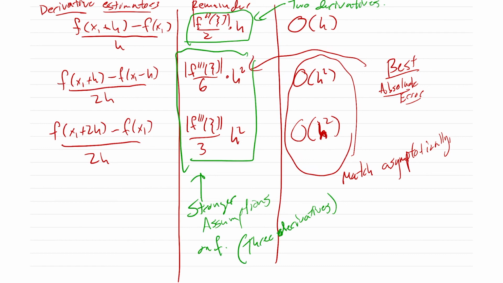So if you want to increase the accuracy of your method, you have to put stronger assumptions on your functions. Here we had to assume that we had a function that was 3 times differentiable rather than just 2. But when we made that assumption, we got stronger results. Anyway, this is a good place to stop, and we'll jump back to the office.